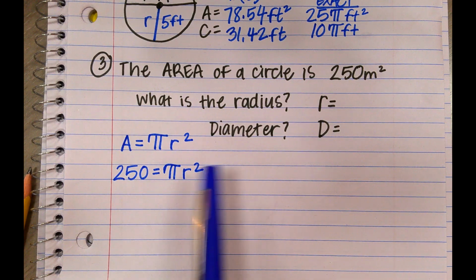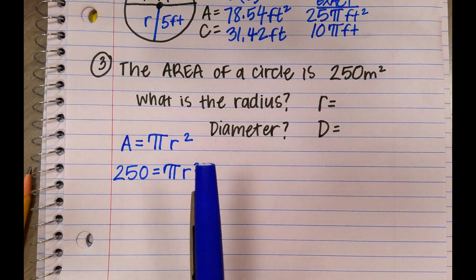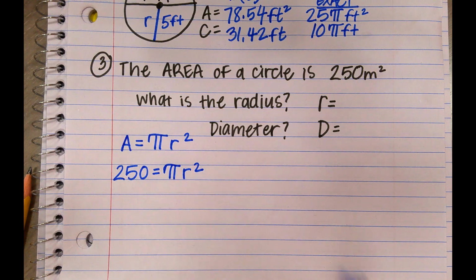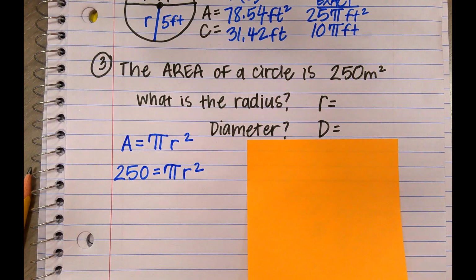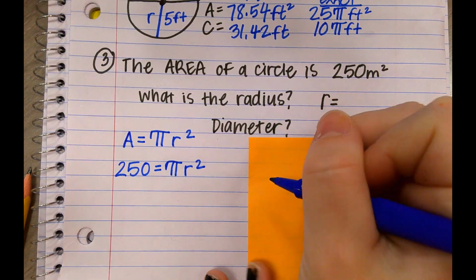So now I have an equation, and we're going to solve for radius. We're going to solve for r. Now remember, whenever we're solving an equation, we're kind of doing the reverse order of operations. So I'm just going to remind us what that means.